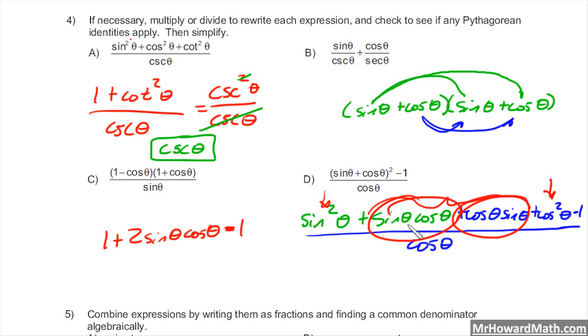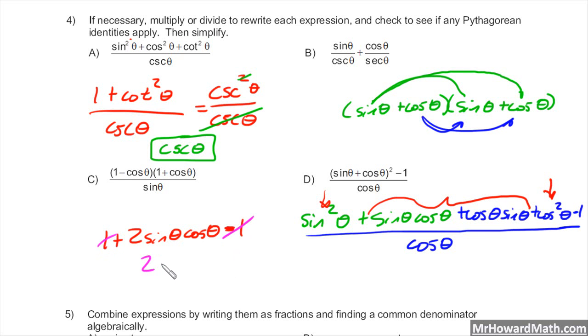Remember, this is a sine theta cosine theta, this is a cosine theta sine theta. They're the same. The order is different, but you're multiplying, it doesn't matter. So there are 2 of those. That's where this is coming from. And again, this plus this gave us this 1 right here. And then we had this subtract 1 here, which is this negative 1. So those cancel. 1 and negative 1 cancel.